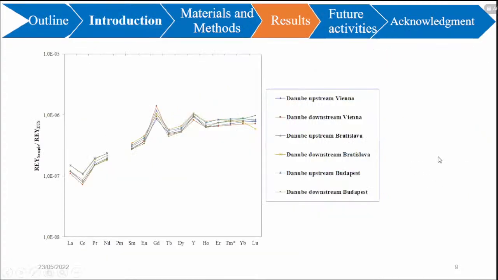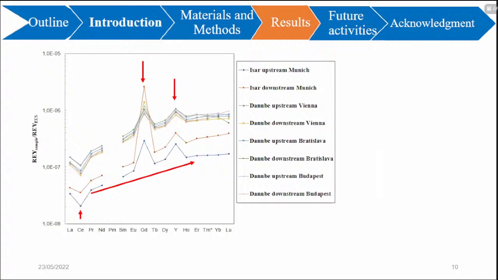In this case, when we see the samples in the major stream, compared to see the anthropogenic effect, here in Vienna, the downstream of Vienna shows the highest gadolinium anomaly, as compared to Bratislava and Budapest, which is expected because Vienna is bigger than Bratislava and Budapest.